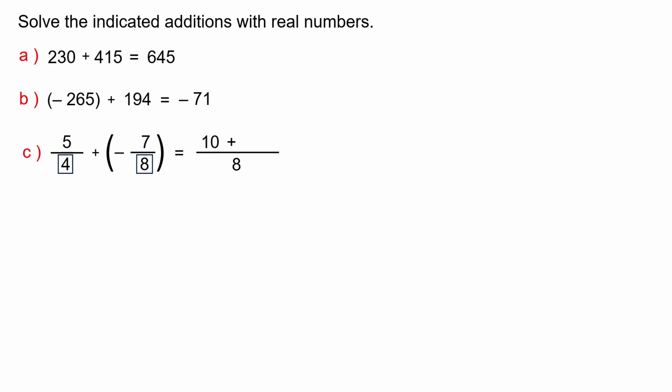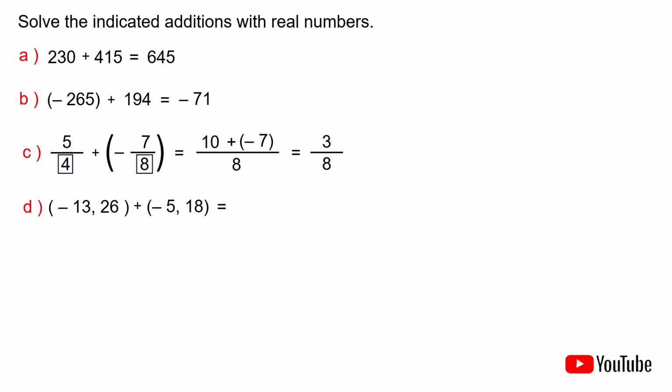Then we divide the least common multiple by the 8 and we are left with 1, and this value is multiplied by its numerator, where the result is negative 7, and solving the operation we would have as a final result 3 divided by 8. Literal D, negative 13.26 plus negative 5.18.